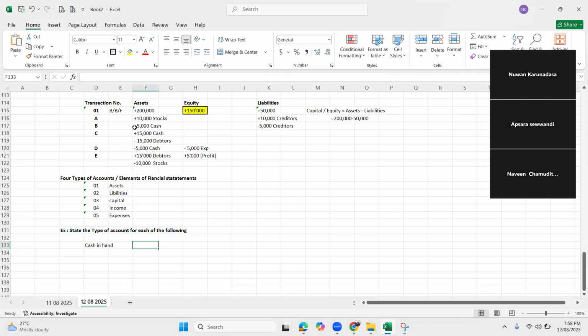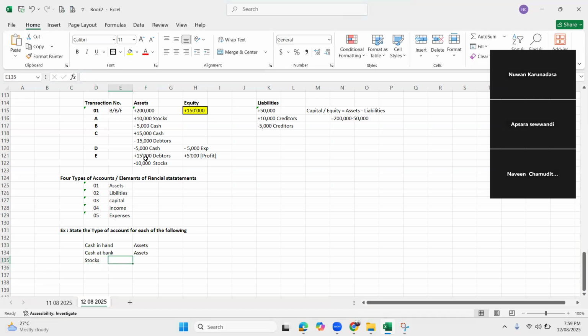What is the type of account, Naveen? Assets. Very good. Then cash at bank. What is it? Our cash in the bank account is an asset. Then stocks.